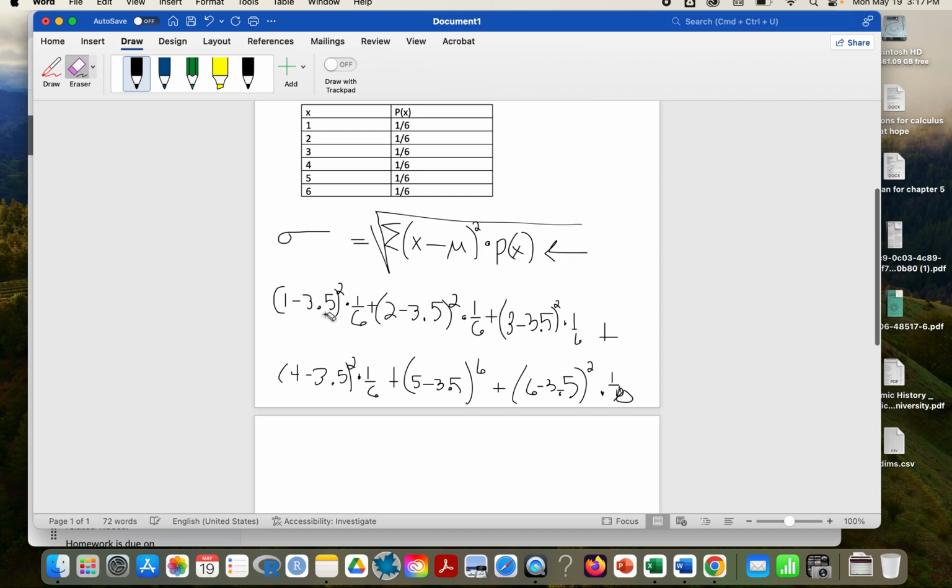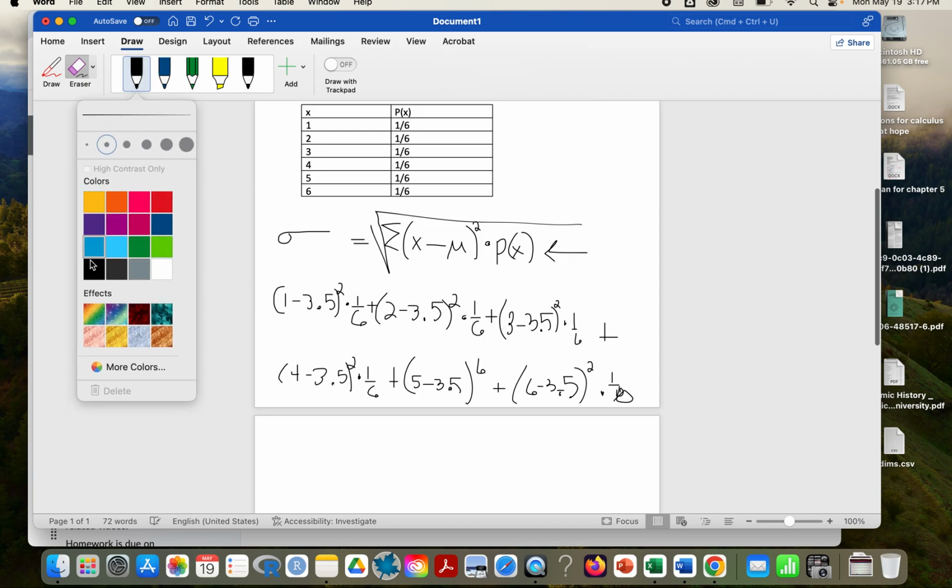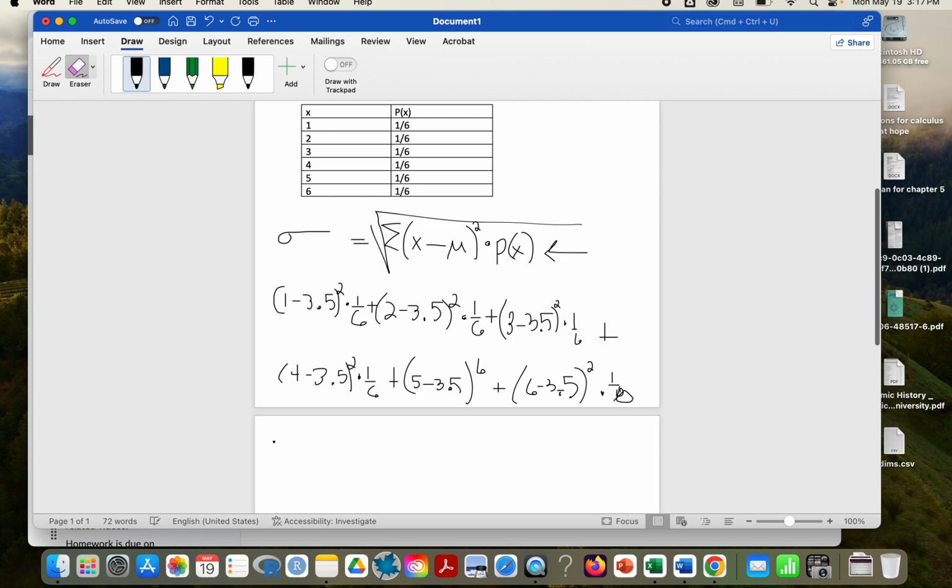So 2.5 raised to the second power, it's negative 2.5, and because you're squaring a negative, you're going to get a positive 6.25. And then that's multiplied by 1/6.